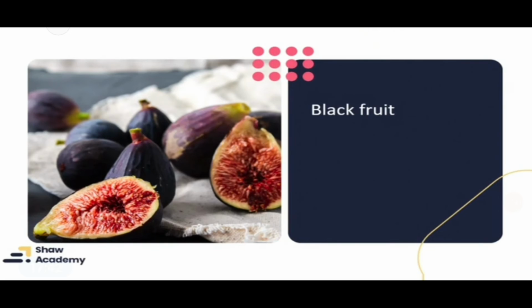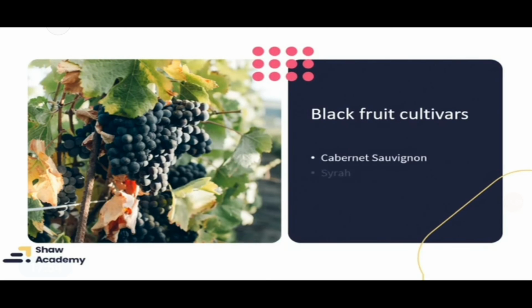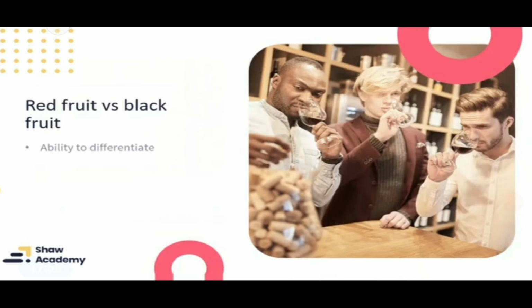Examples of black fruit characteristics that can be found in red wine are black currant, blackberry, blueberry, fig, and black plum. Grape cultivars that tend to display characteristics of black fruits are Cabernet Sauvignon, Syrah, and Malbec, for example.